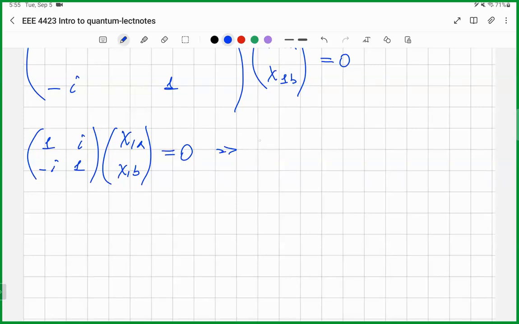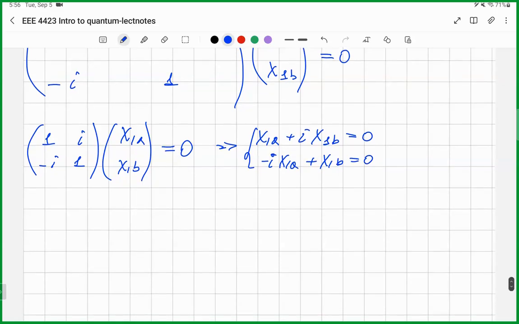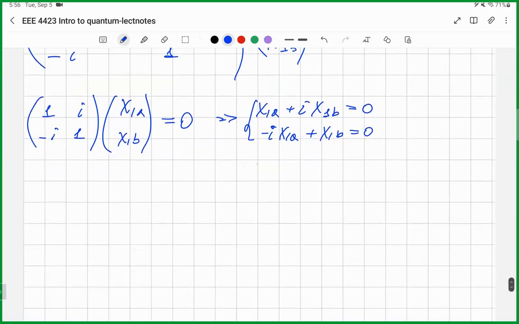So the first equation is x1a plus i x1b equals 0. And the second equation is minus i x1a, and then plus x1b equal to 0. And again, they are basically the same up to multiplication by i, both parts, right? Yes. So we can consider just one.